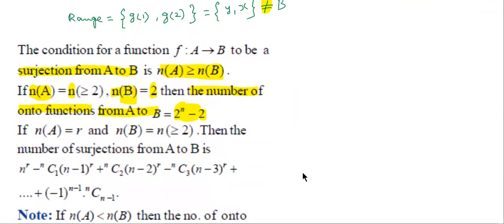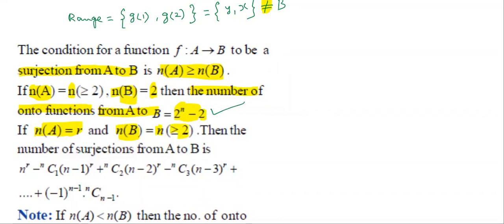Suppose n of A has r elements and n of B has n elements, that means more than 2. Exactly 2 is this formula. More than 2, then how to write the formula?